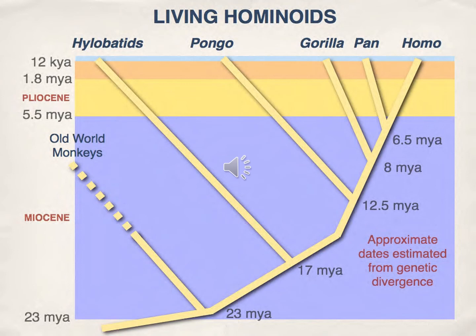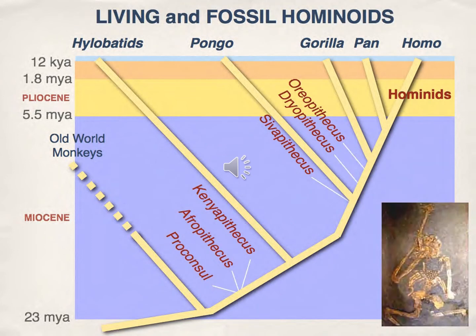We can superimpose a chart like this over geologic time, because not only can we verify this with DNA, we can also verify it with fossils. Let's put some of these fossils on here at these important nodes. Have we found some of the direct ancestors of some of the recent descendants?